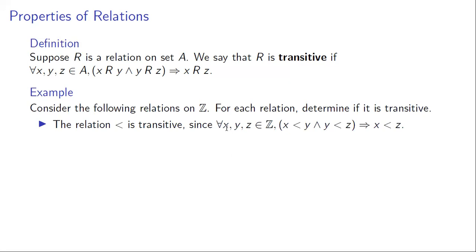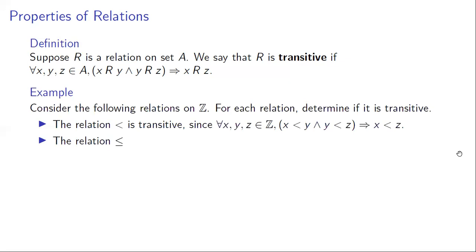If x is less than y and y is less than z, then x is less than z. That is true. No matter what these integers are, if x is less than y and y is less than z, then we know for sure that x must be less than z. So therefore, this relation has the transitive property.